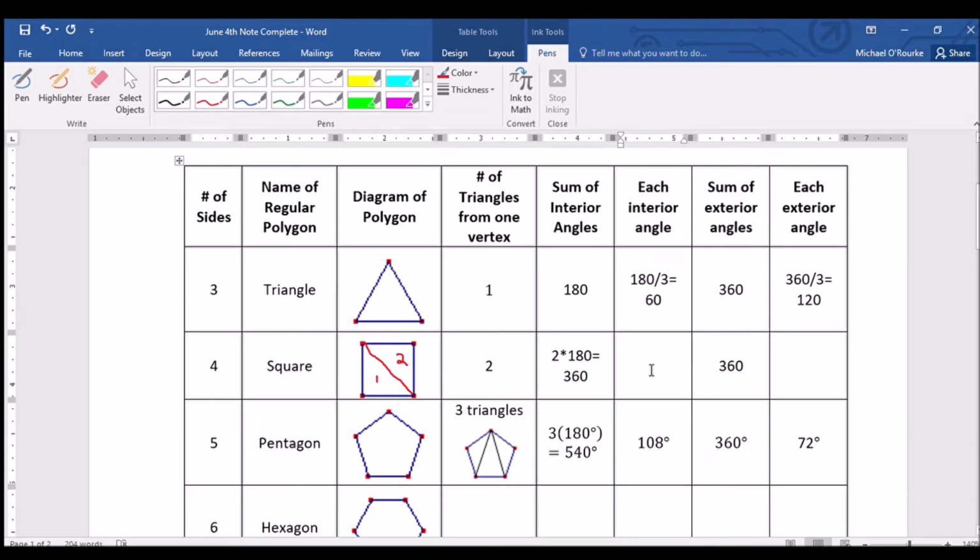Well, my total interior angle is 360. How many corners do I have in the shape? Well, I have 4 corners. So that's going to equal 90 degrees. 360 divided by 4 is 90. Now, in this case, my exterior is going to be 360 divided by 4, which is also going to equal 90 by chance.